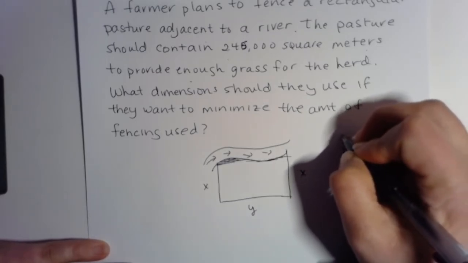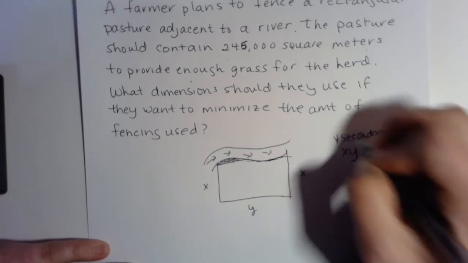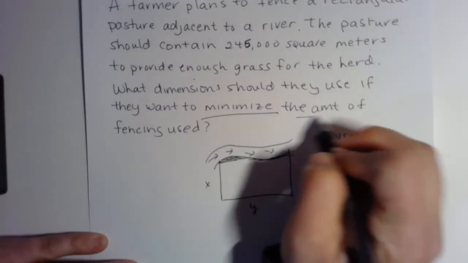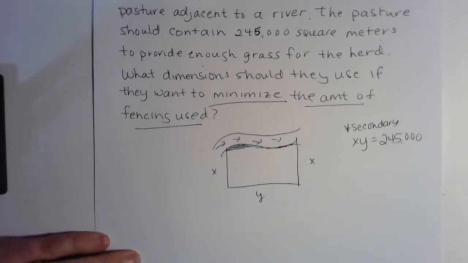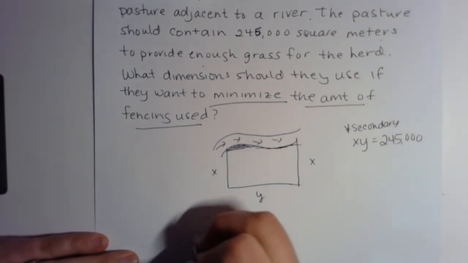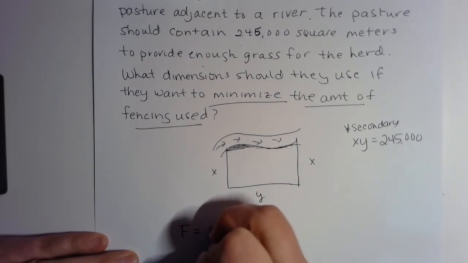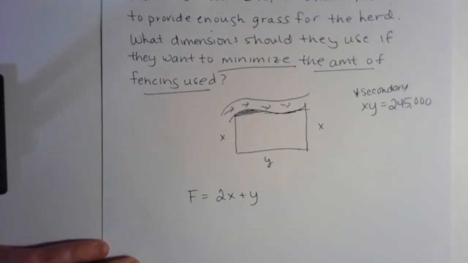This is my secondary equation because I know what it's equal to, so I know for sure it's not the thing I'm optimizing. And we want to minimize the amount of fence, so that's the one I'm going to do my calculus on. So fencing is perimeter, right? So perimeter, I'm going to call it F for my fencing, is 2x plus y. So again, I have mixed variables, right?